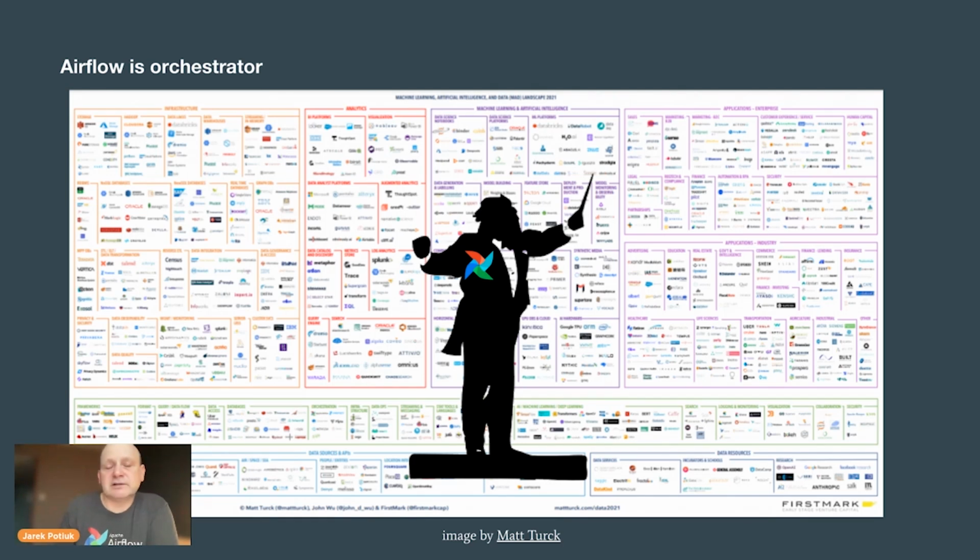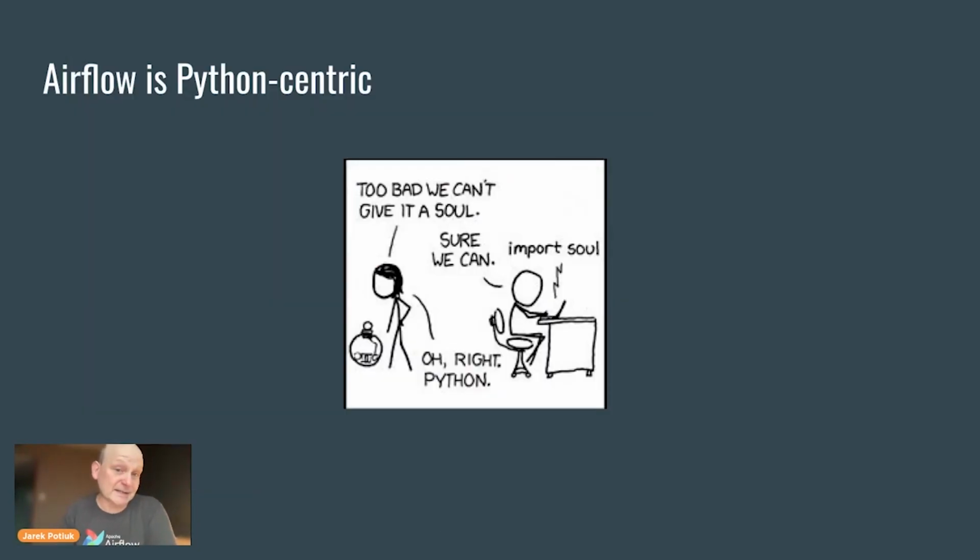And basically that's what Airflow is. Airflow is an orchestrator that makes sure that all those different components and all those different tools can work together and process your data. It doesn't do much itself. It just makes sure that others are doing their job.